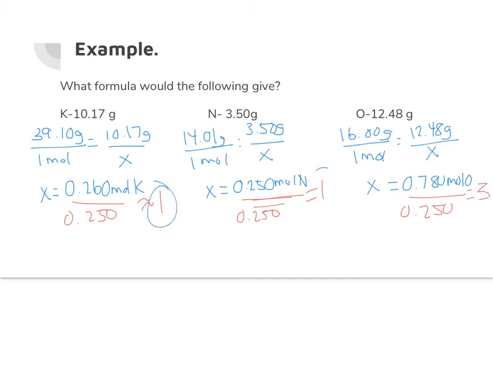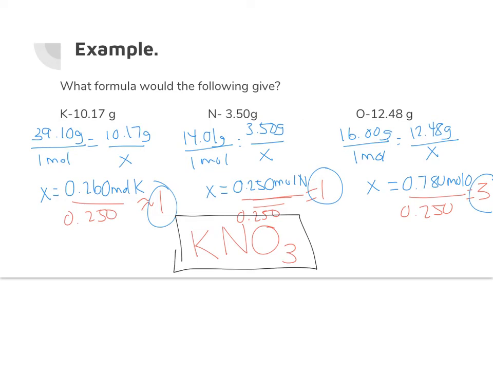These numbers give me the ratios, and we now want to turn this into an actual empirical formula. So our empirical formula is 1 potassium for 1 nitrogen for 3 oxygens. The actual empirical formula for this compound is KNO3.